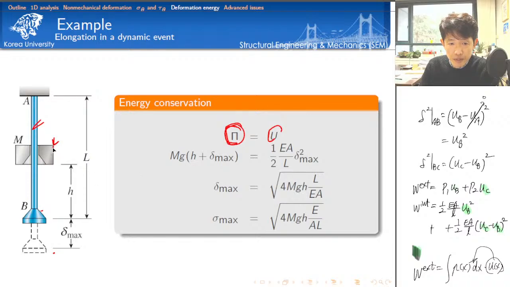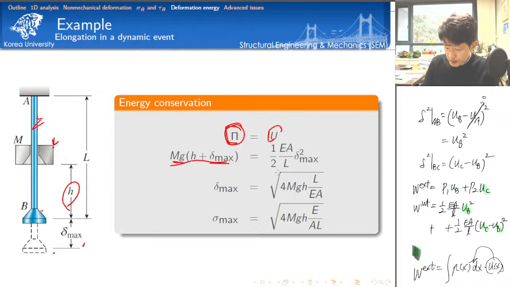The potential energy of this mass is the mass times gravity. Make sure that here we ignore the mass of the bar. So with the drop height h plus delta max, the additional potential energy caused by the deformation of the bar, this is the total potential energy of the mass, and that should be equal to the deformation energy.